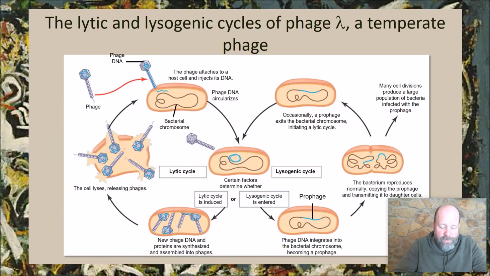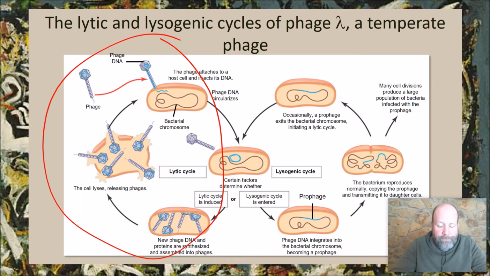So this diagram shows both the lytic and the lysogenic. The lytic cycle is over here on the left-hand side. But the lysogenic, what it does is injects its nucleic acid, and the nucleic acid gets integrated into the host chromosome, either as a copy of the nucleic acid or as the actual piece of DNA. If it is a DNA virus, sometimes that can happen.